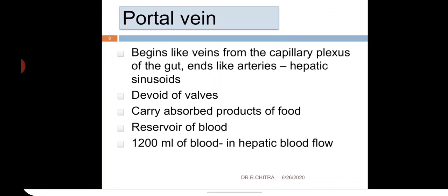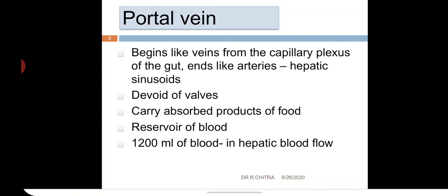If you see, 1500 ml of blood circulates through the liver per minute; of this, 1200 ml is provided by the portal vein and only 300 ml by the hepatic artery. So one third of the entire volume of blood may be stored in this portal system.